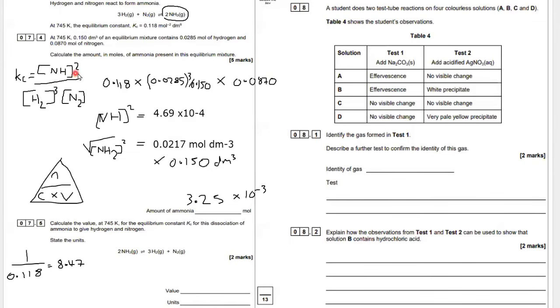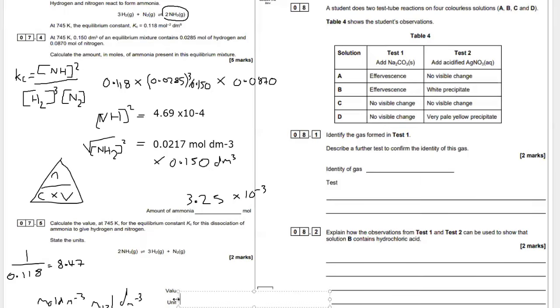mol per dm to the -3, over 4 lots of mol per dm -3. So if we cancel out, we're just left with 2 mol dm -3s. And at the bottom, so we've just got mol dm -3 and mol dm -3.